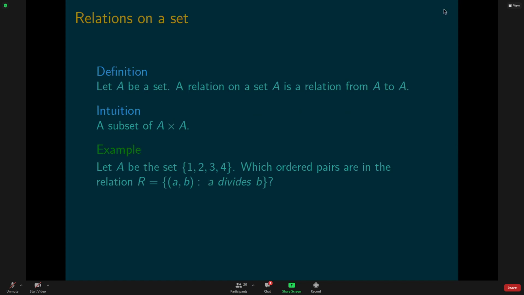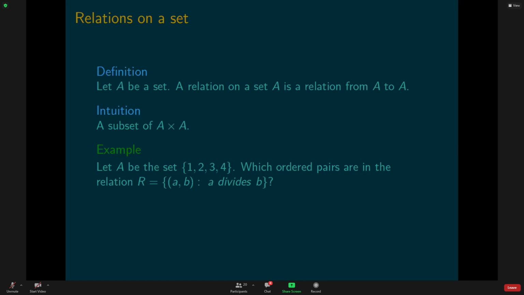Let's see this example. Whose turn is it? Serdil Anil, can you tell me what is the set R? If A is 1, 2, 3, 4, what is the relation where A divides B? 1 and 2. What do you mean 1 and 2? These are pairs, right? Yes.